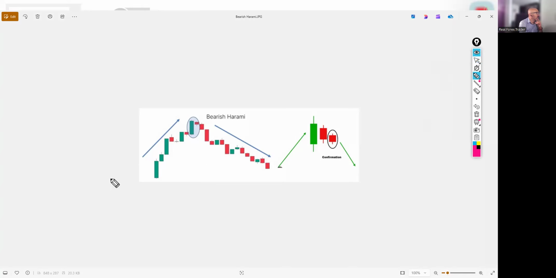So we can see that there is an uptrend here. This uptrend is basically my current observation. And there is a bull candle. After that candle, it has to be a small bearish candle. The important thing here is that it can be contained within the bullish candle.